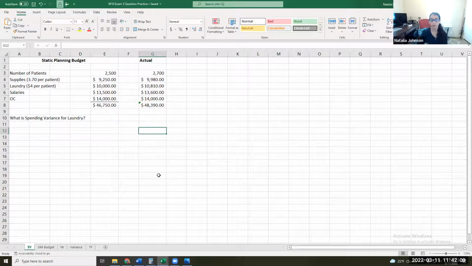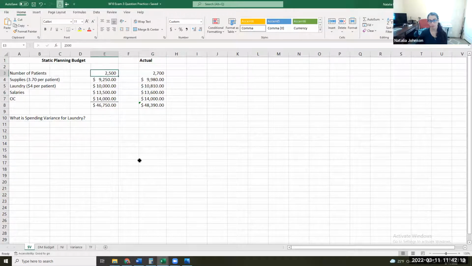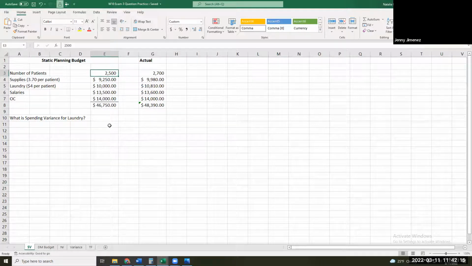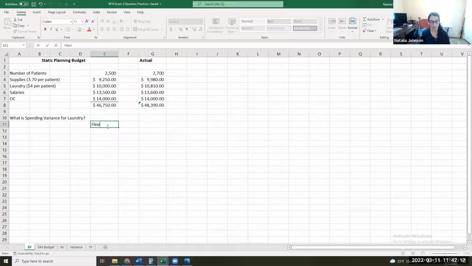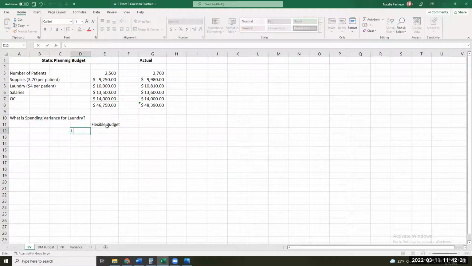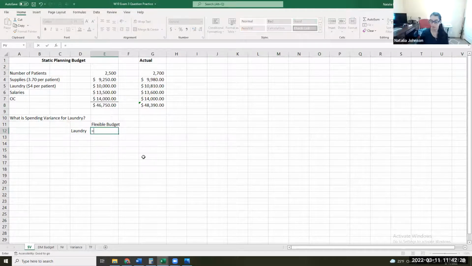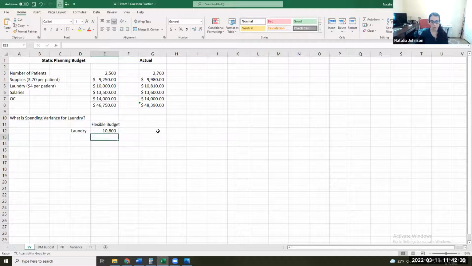That's really close. But remember that the planning budget was based on 2,500. So we actually need to do a flexible budget. So you take 2,700 and times it by the $4 to get your flex budget for laundry. Yeah, perfect. So 2,700 patients times $4 per patient for laundry is 10,800.